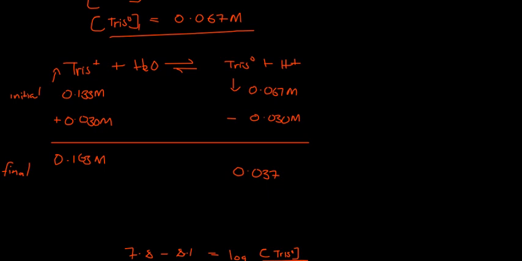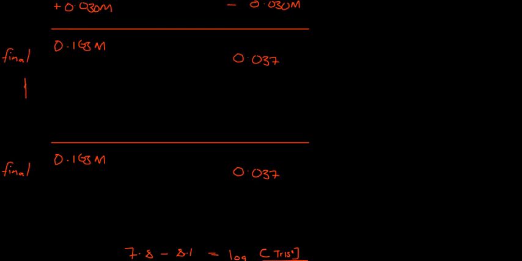Then question C was asking what was the pH at the end of the reaction. So to find the pH, we still use the Henderson-Hasselbalch equation, this is part C: pH is equal to the pKa plus the log of the conjugate base divided by the concentration of the conjugate acid.